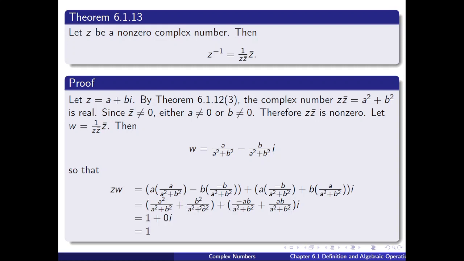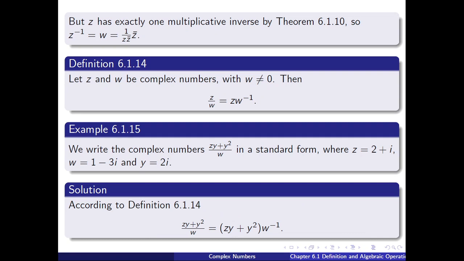If we add these two, we get a squared plus b squared over a squared plus b squared, which is equal to 1. And this becomes 0 because one is just the negative of the other, so we are left with 1 plus 0i, which is equal to 1. And from there, that means the multiplicative inverse of z is equal to 1 over this real number times the conjugate of z.